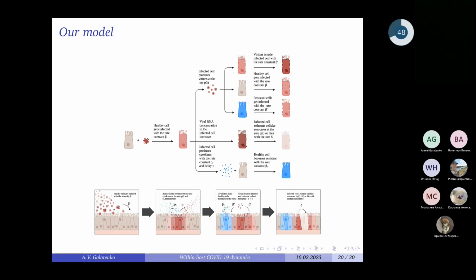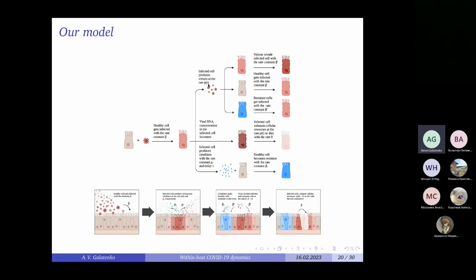Well, here is the description of our model in terms of a picture. When virions enter the cell culture, they infect some healthy cells. After a cell gets infected, it starts production of viruses with some rate P of t.